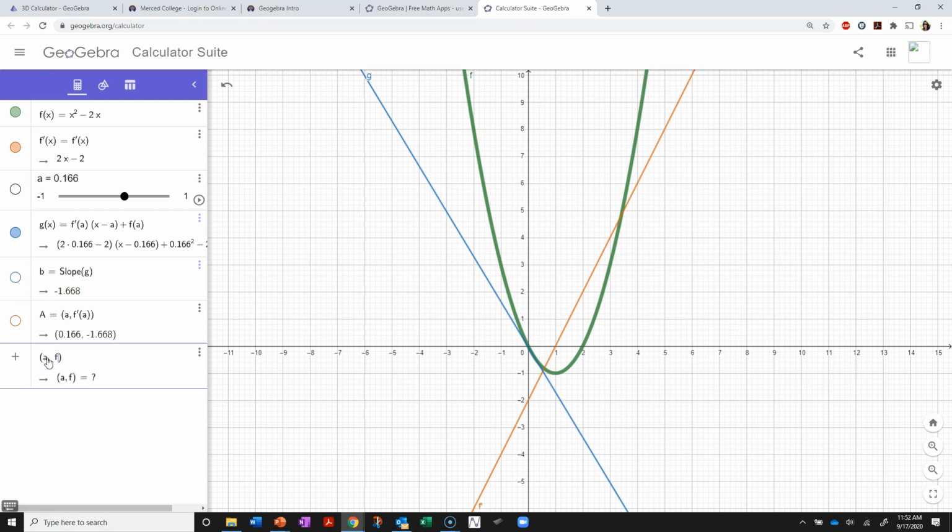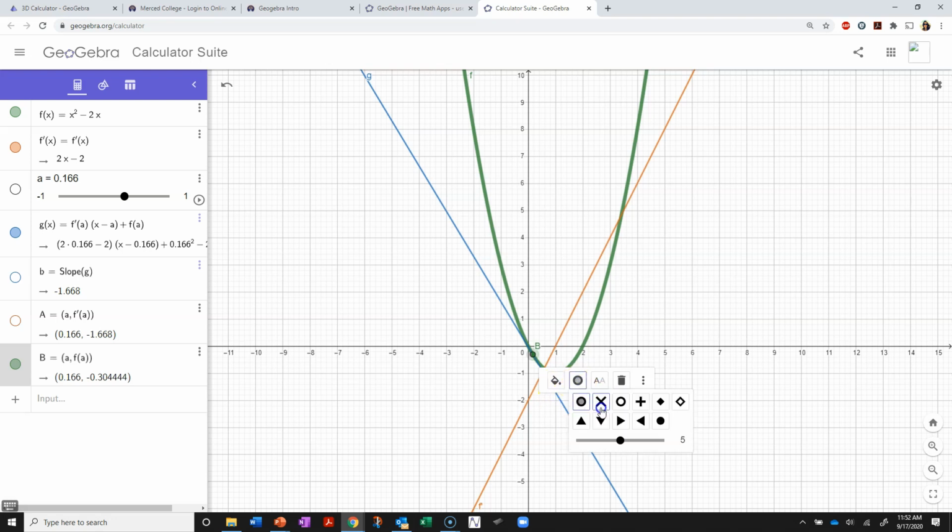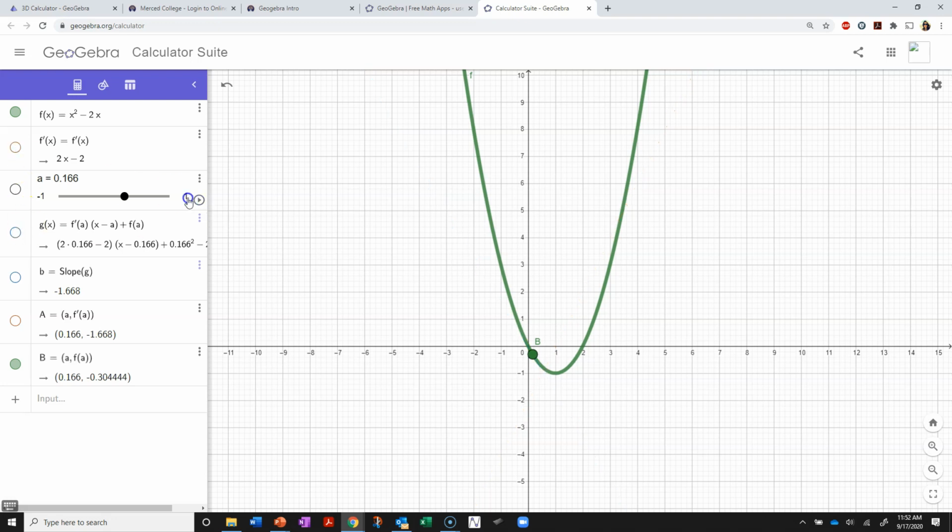So a, f at a. So I picked an a value of 0.166. I can see that on my function right here in green, the point B. And if I let a change, I can watch that point move along my function.